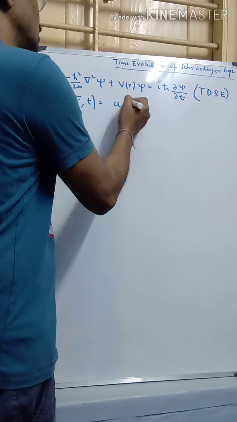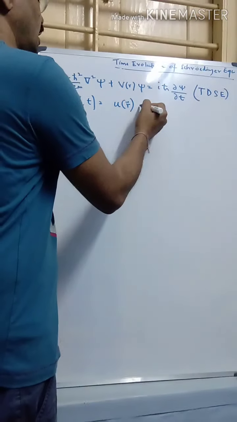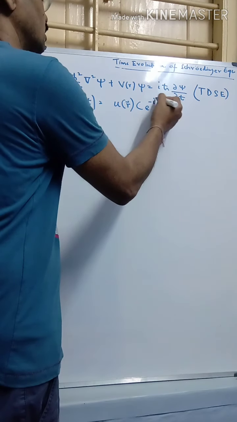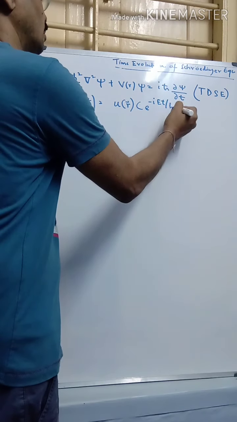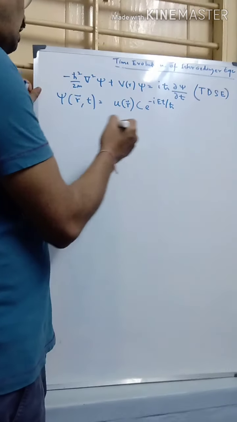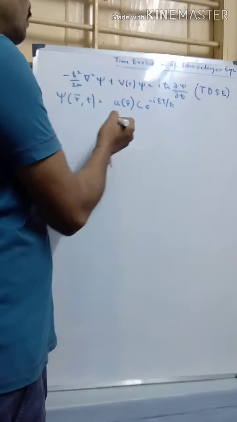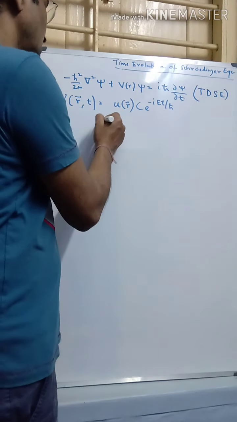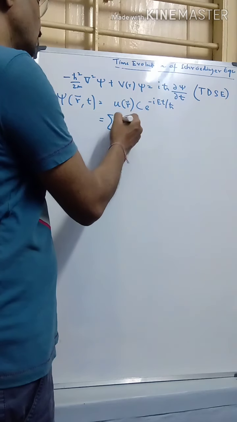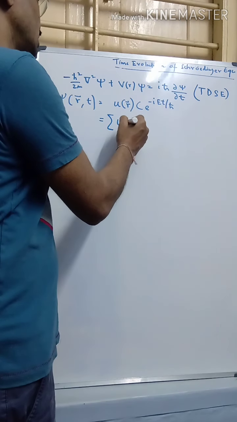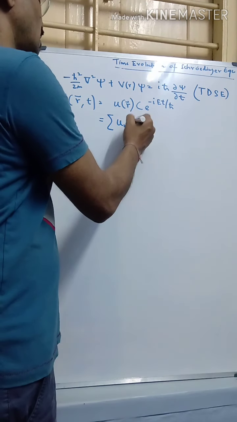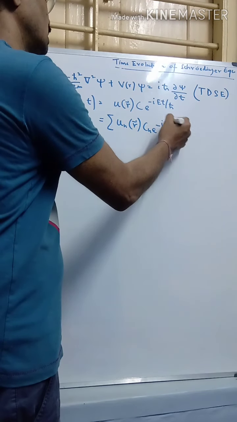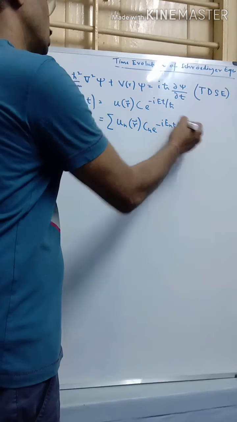So by now we know that the solution of this equation is given by psi(r,t) equal to u(r) times f(t), which is nothing but e to the power minus iEt by h cross. And if we have a linear combination of different wave functions, then this can again be written, by the principle of superposition, as the summation over n of u_n(r) c_n e to the power minus iE_n t by h cross.